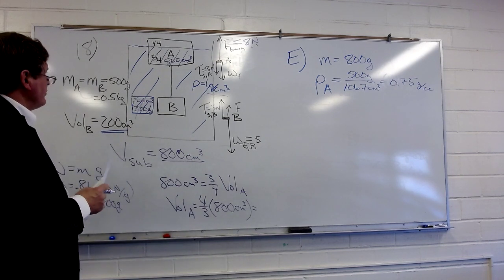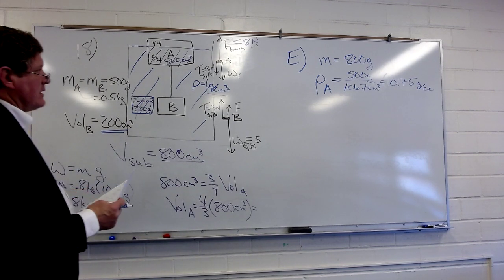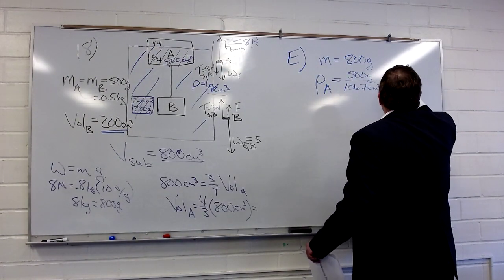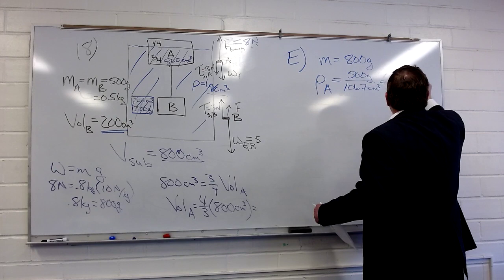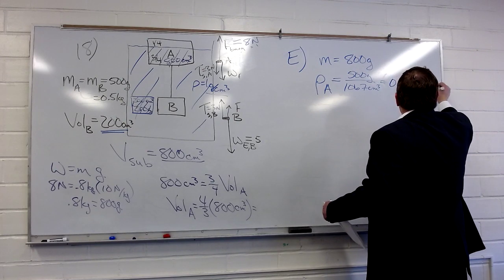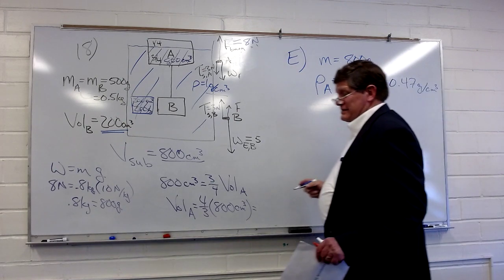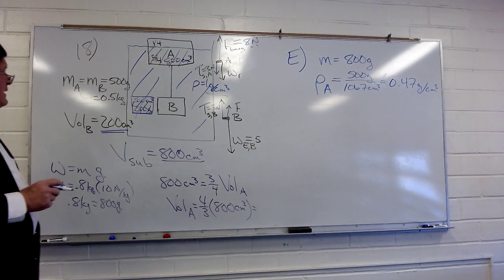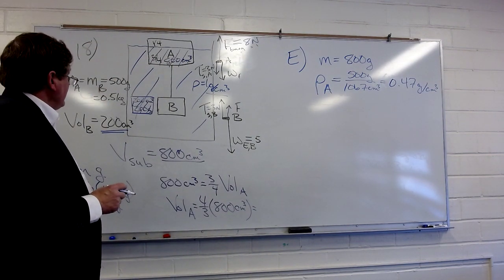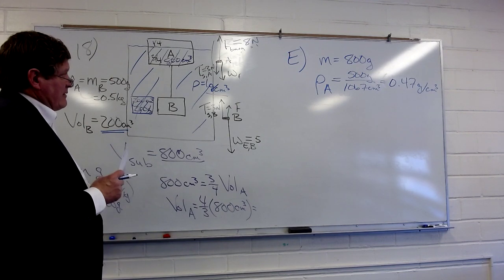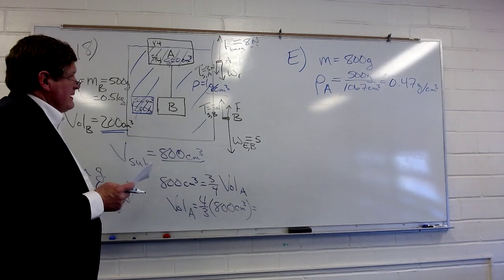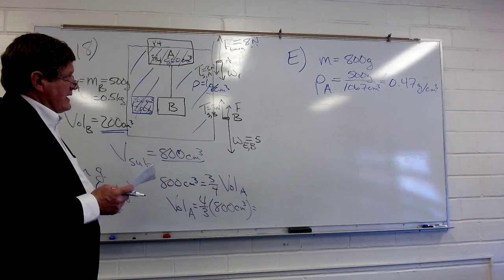No, that's not true. Okay. That's going to give me 0.47 grams per centimeter cubed. And I said there were 2 ways to find that, but there's not. There's only one way. I was thinking wrong. I forgot that I had this anchor hanging it down. Okay, so that's the density.